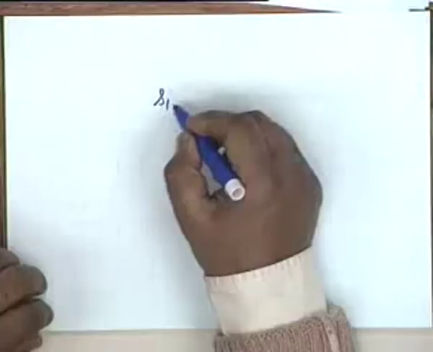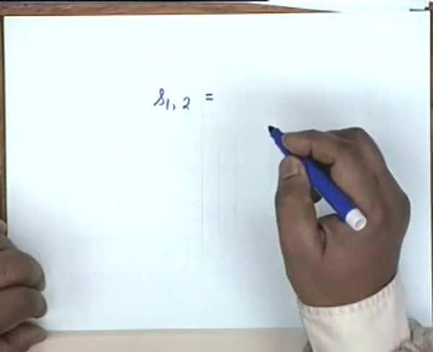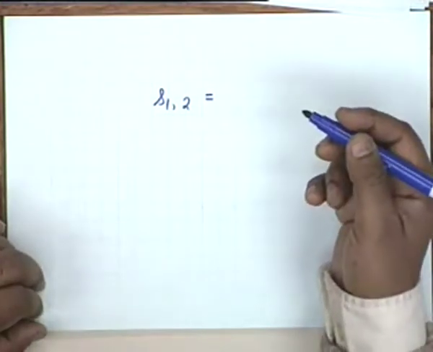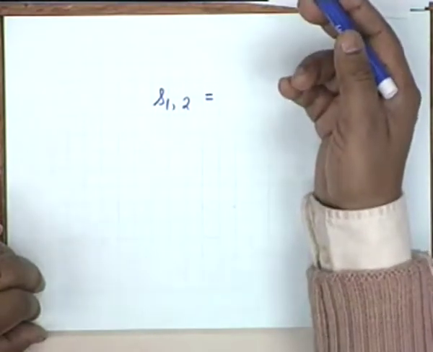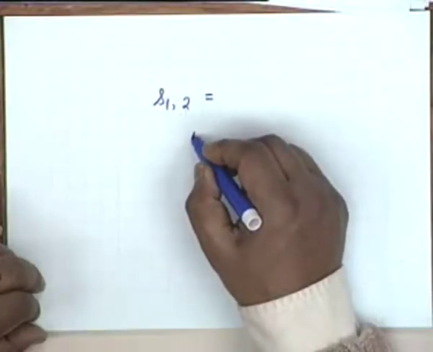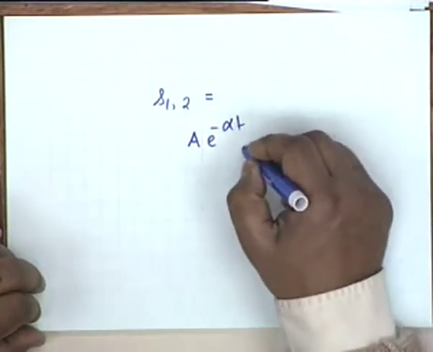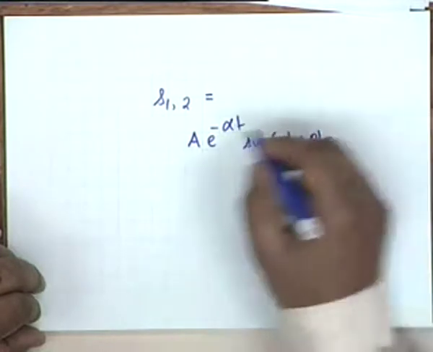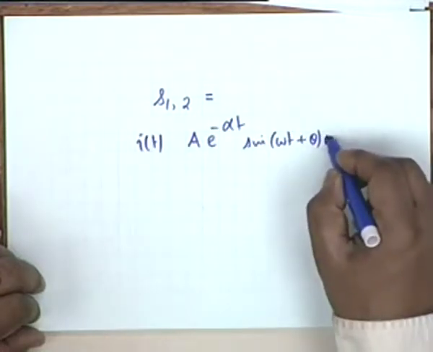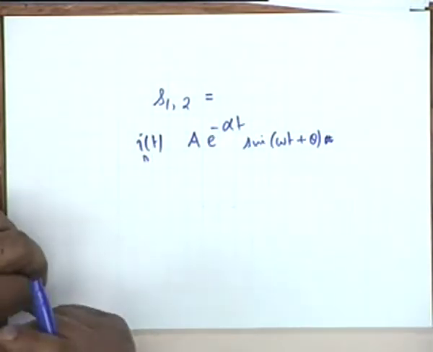Well, the point that I was making is, if S1,2 is obtained, it doesn't matter whether they are complex or real. Suppose they are complex, as it happens in this case, then my equation would be I of t equal to A e to the power minus alpha t sine of omega t plus theta. This is the In of t, the natural response.